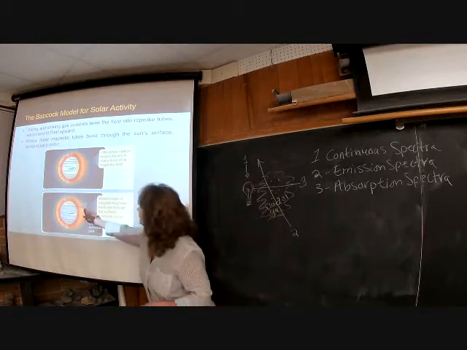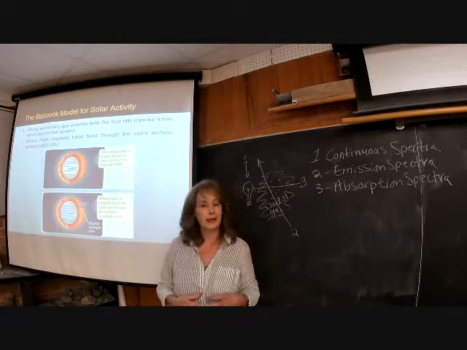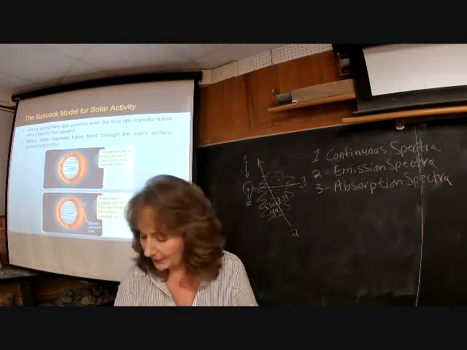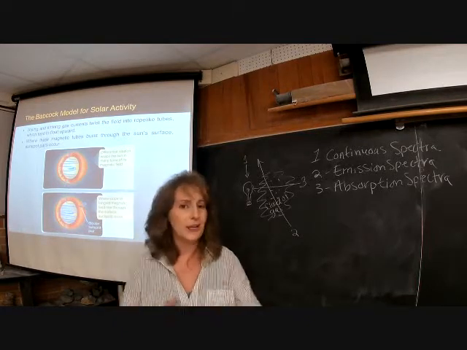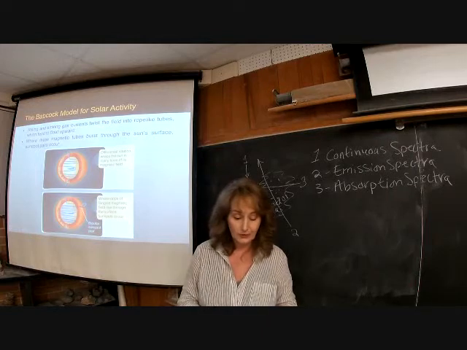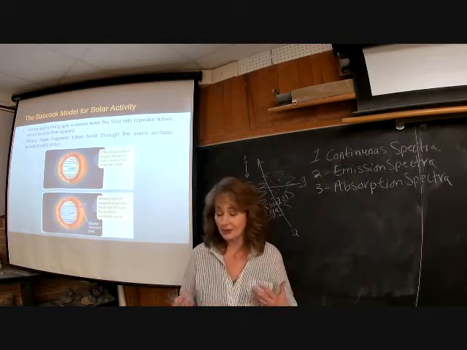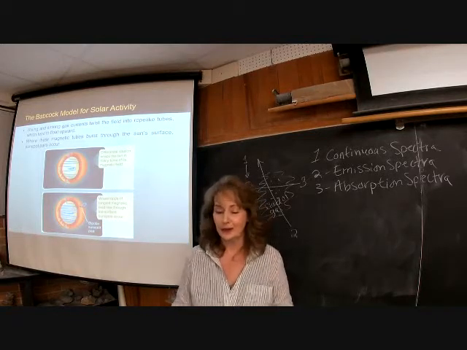It loops out and comes back in, and so we're seeing that sunspot pair. This is really the Babcock model, employing differential rotation of the solar surface and the magnetic dynamo, that twisting up, for the formation of our sunspots.